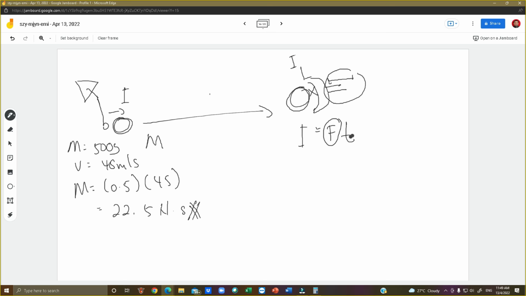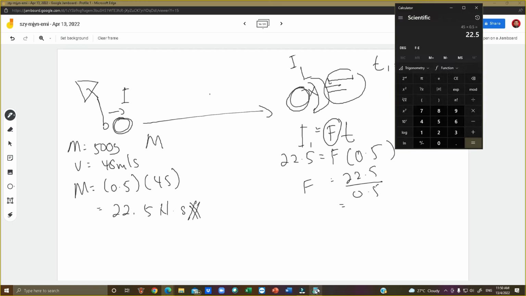So, first technique, the time taken to stop the ball is 0.5 second. Now let's calculate how much force. I1 equals F times 0.5. I is 22.5, so F is 22.5 divided by 0.5. How much do you get? It's a small value.